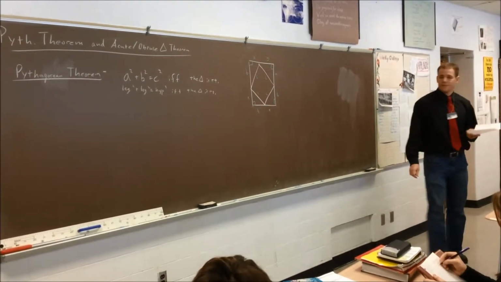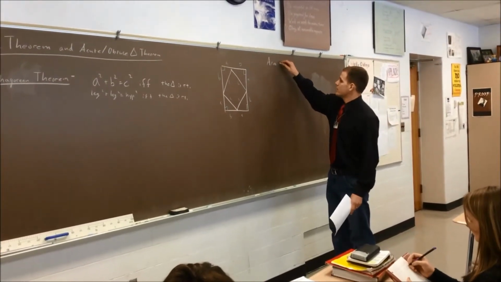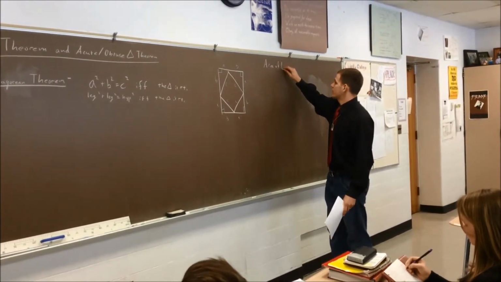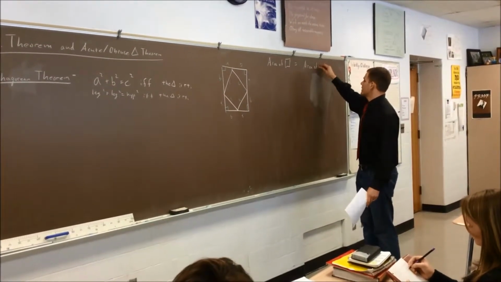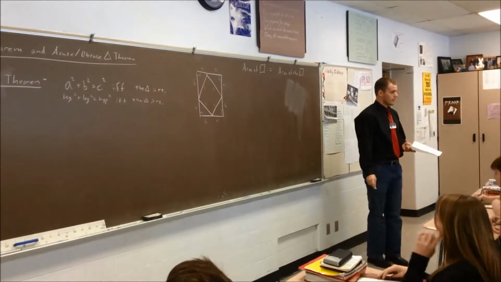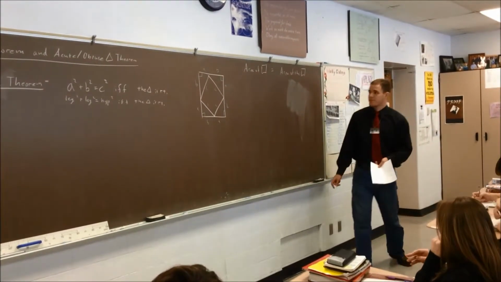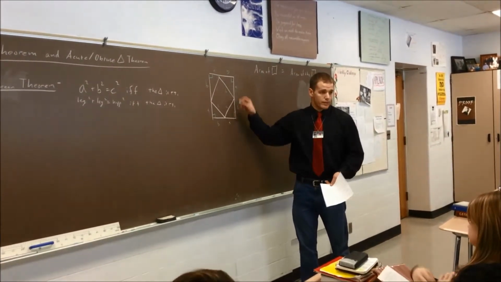Would you agree with me if I were to tell you that the area of the square is equal to the area of the square? Everyone agrees with that, correct? Reflexive property. We're going to find the area of the square just by doing length times width.